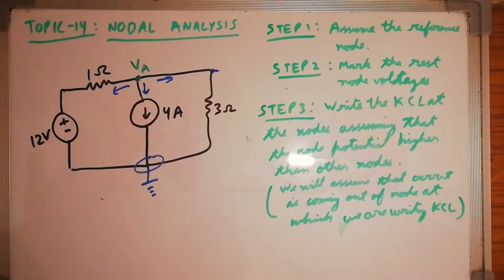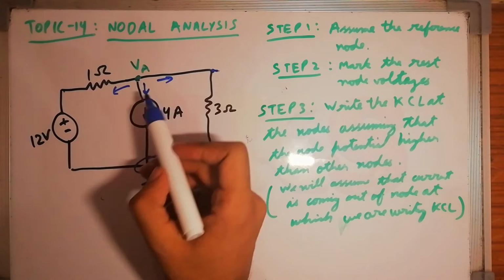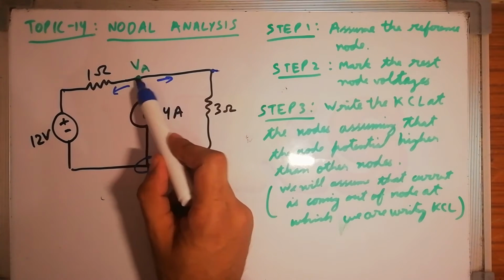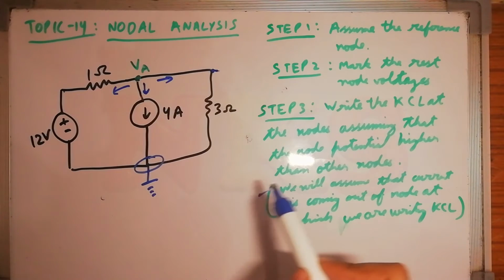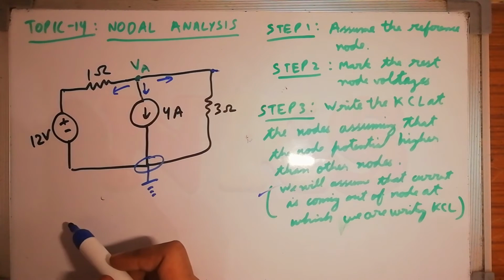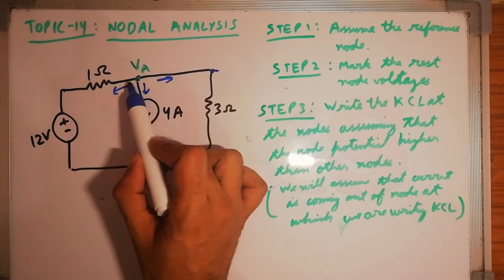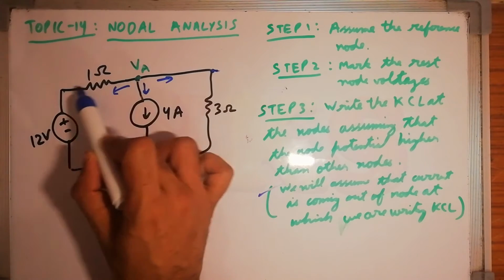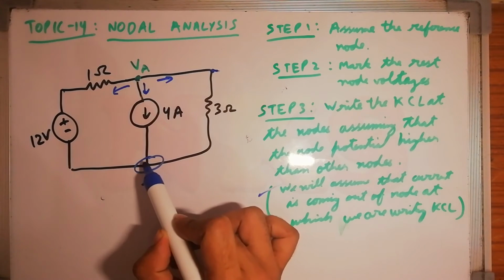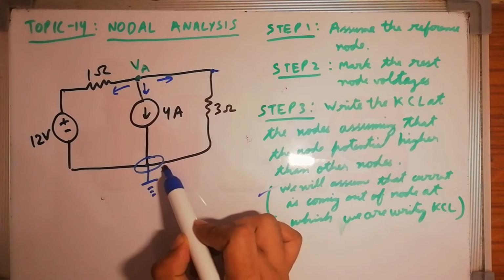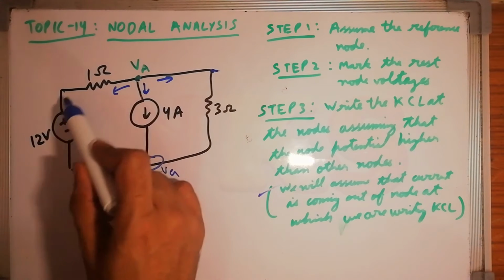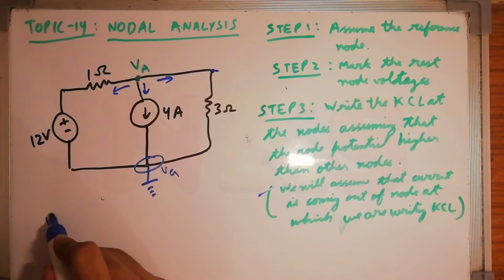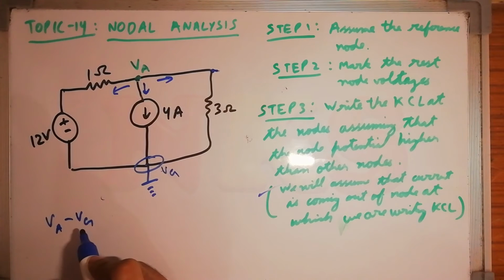You can take it otherwise also, it doesn't matter. So I am assuming that all the currents are leaving this node, and I will write the KCL. What is the current through this branch? We can write KVL across this. Let this node be VG, which is 0. VA minus VG we have to write out.